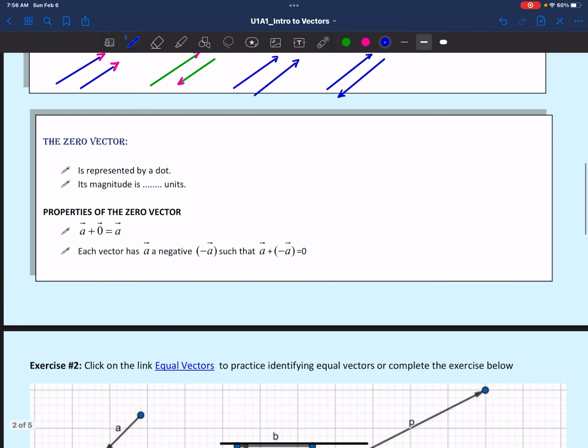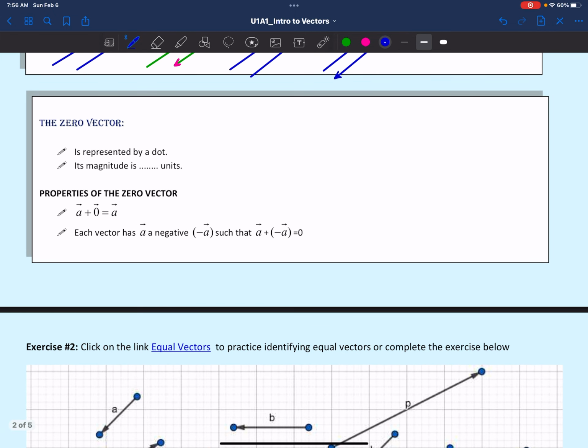Now, another vector that must be noted is the zero vector. The zero vector is represented by a dot, and a dot has a magnitude of 0 units. And obviously a dot has no direction because you cannot point it in any way, a quantity that doesn't actually have value.